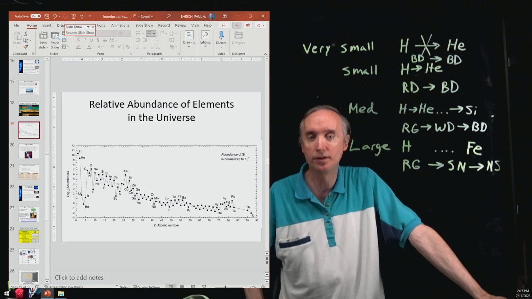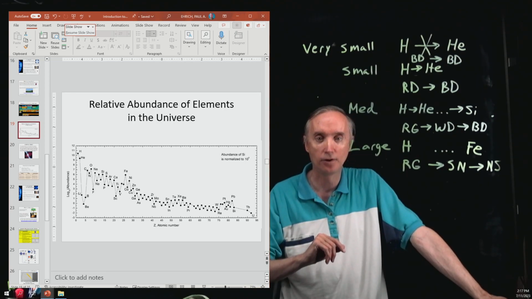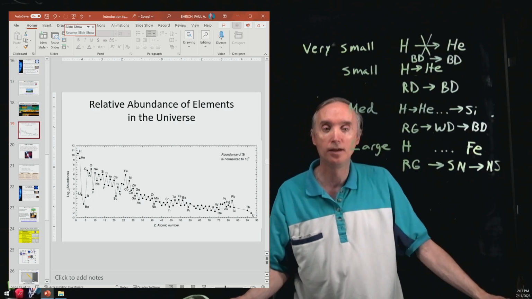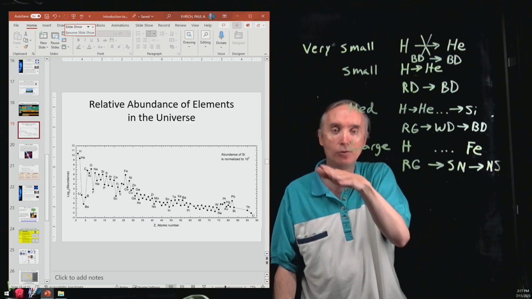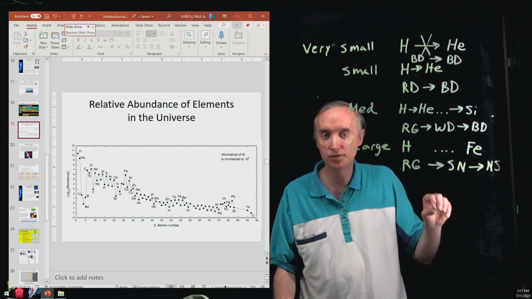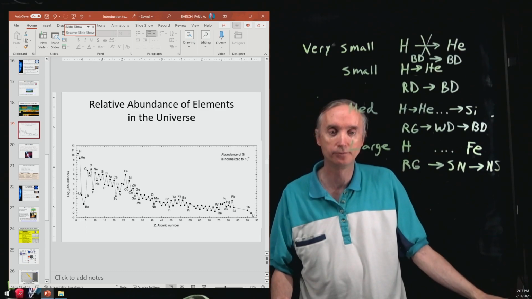The most abundant element in the universe is hydrogen, followed by helium. That was created at the Big Bang. But then you should notice that the heavier elements, the amount of them gets smaller and smaller as the element gets larger and larger.